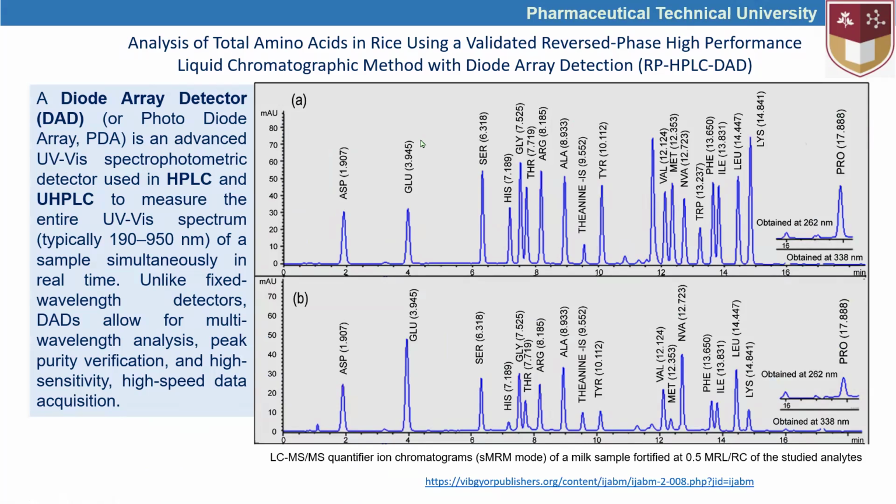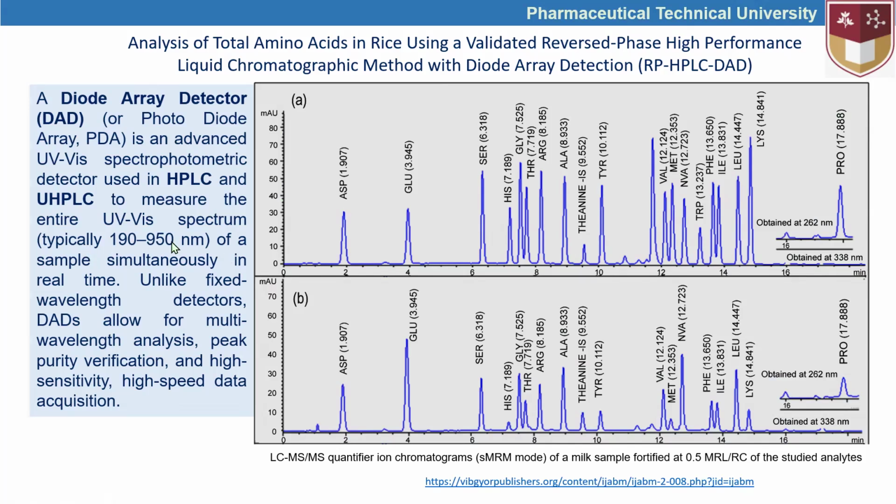Here we can see analysis of total amino acids in rice using a validated reverse phase high performance liquid chromatography method with diode array detection. We talked about different types of detectors, and the diode array detector is a modern type of UV detector, as I earlier mentioned.